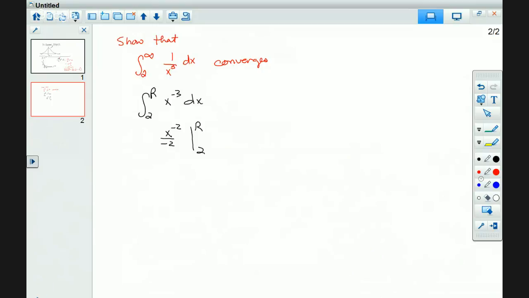So we have r to the negative 2. Yeah, I think you're right. Positive. So just 1 over negative 2r squared.